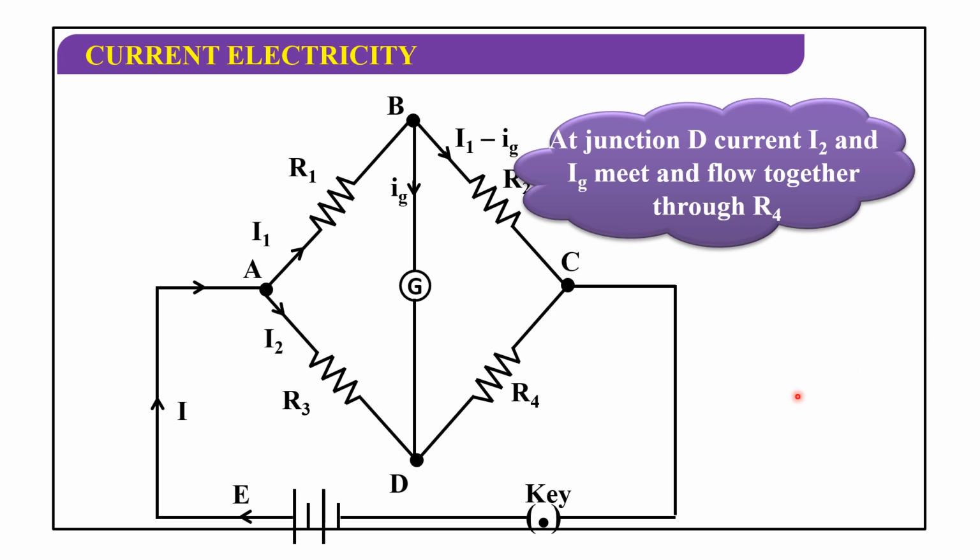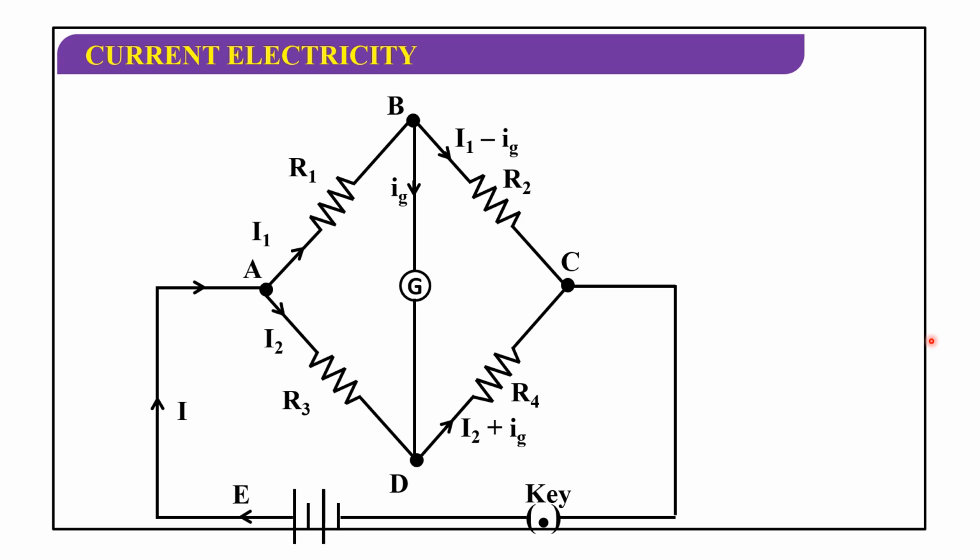Now at junction D, I2 and IG meet and flow together, so I2 plus IG flows through the resistance R4, the conducting path DC.